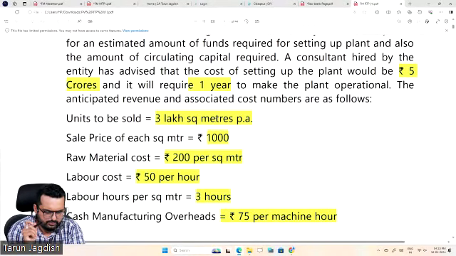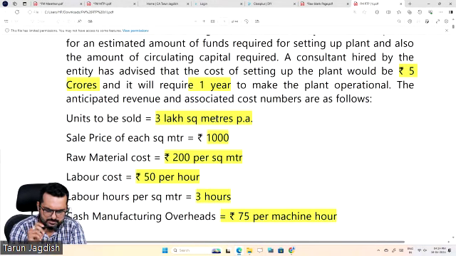All right. Now, friends, they have told raw material cost is given as how much over here? 200 per square meter. So write down the next point, raw material cost. Raw material cost 200 per square meter.